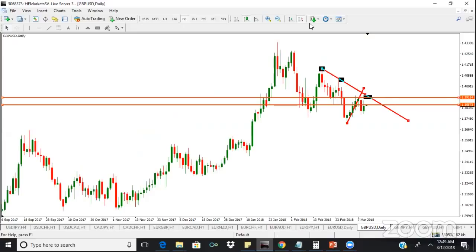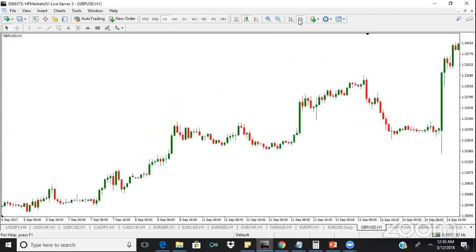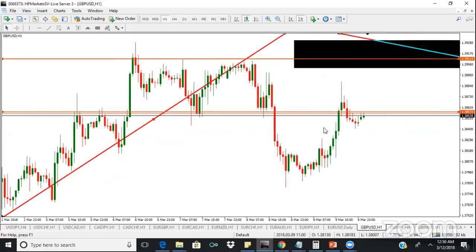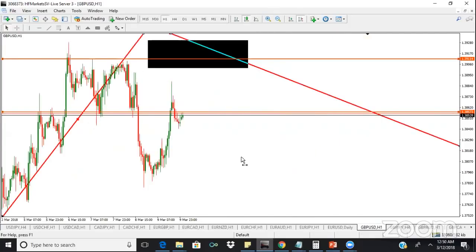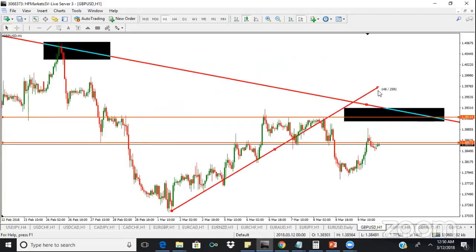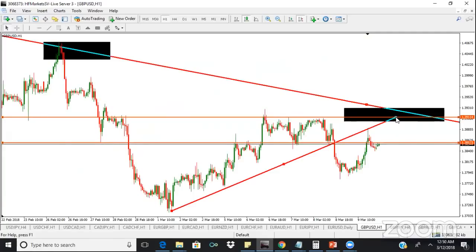So when I go to daily, because it has broken my last, look at it, it has broken this. Can you see? So I'm looking out for a sell opportunity. This is a sell opportunity.